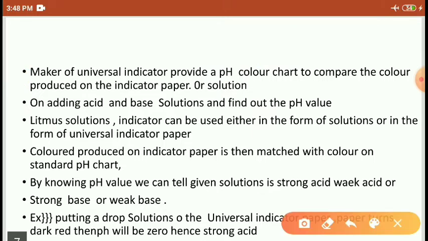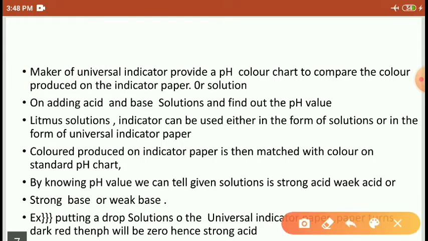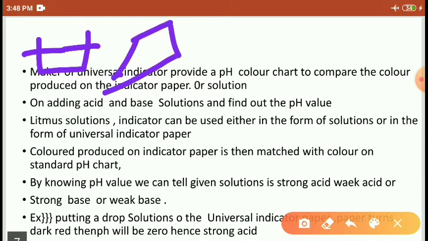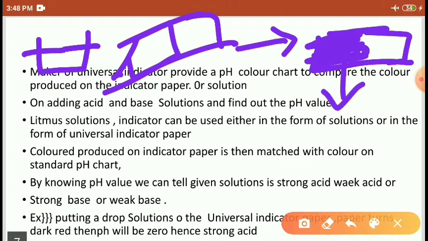So in your lab, when you are using a solution, you may dip the pH paper in this solution. Students, you may dip the pH paper. After dipping, you may remove it, then the pH paper color turns into dark red.